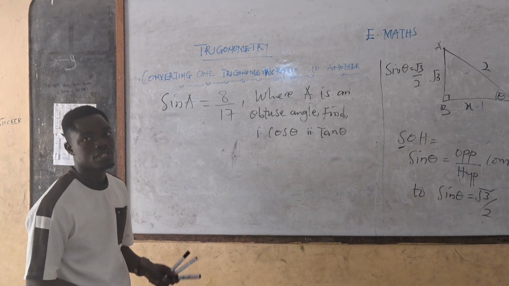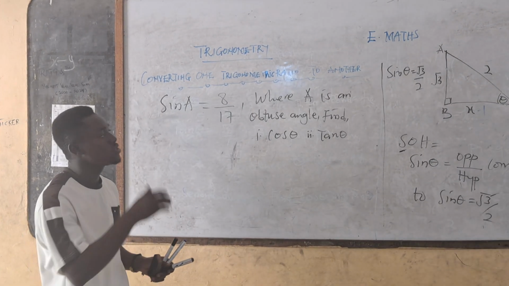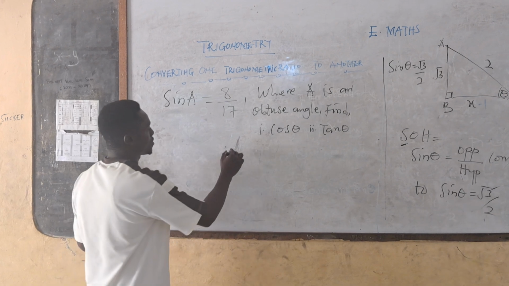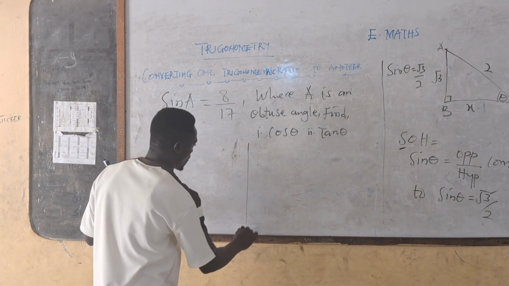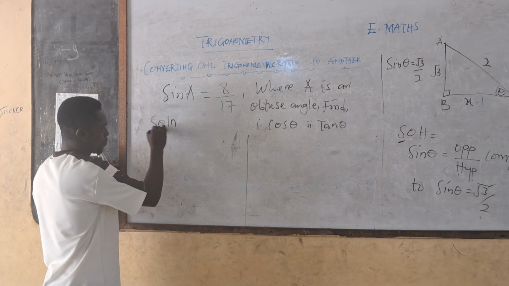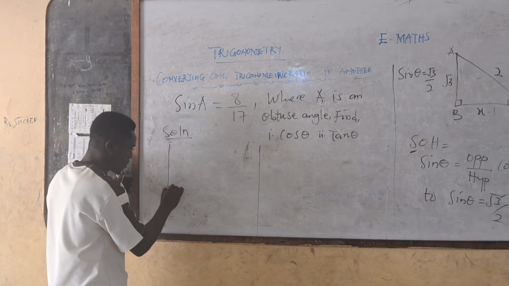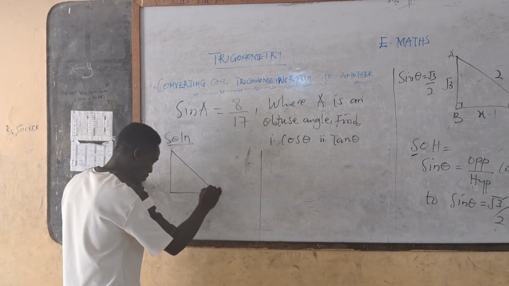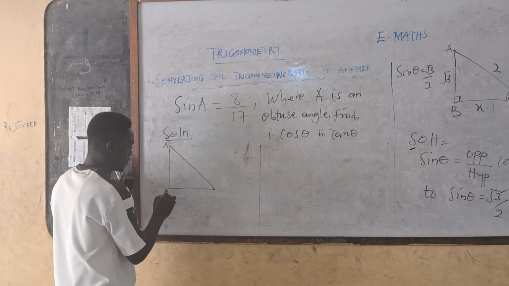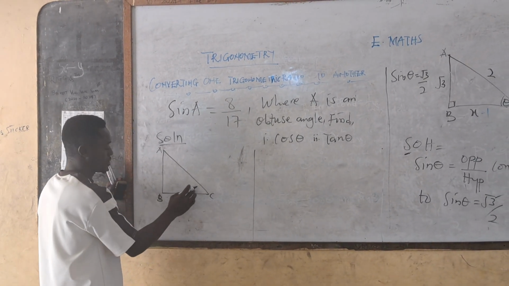But as you know, with the same procedure always, we need to sketch the right angle triangle. We can label it if you want.